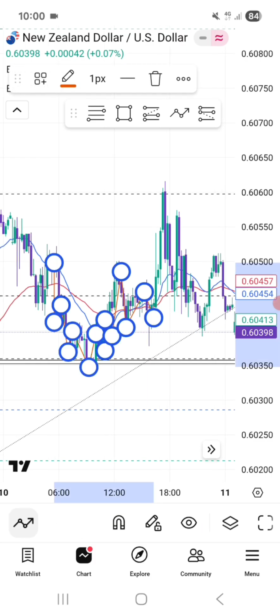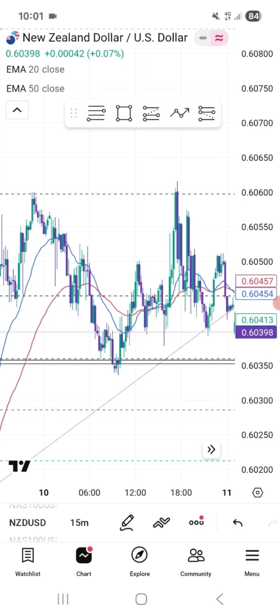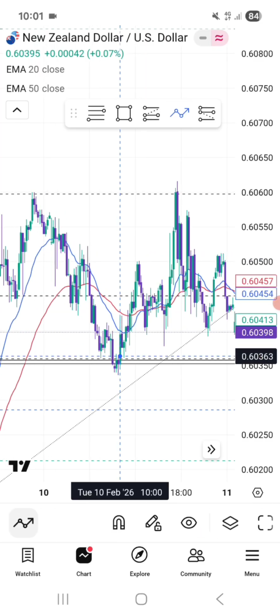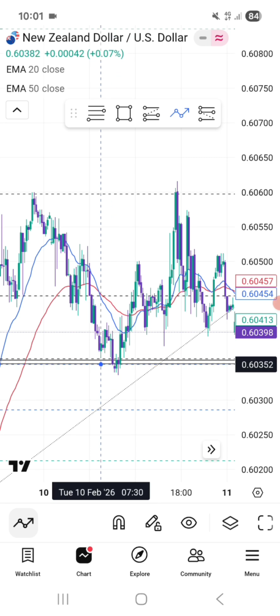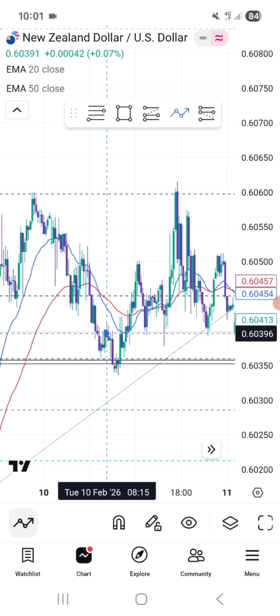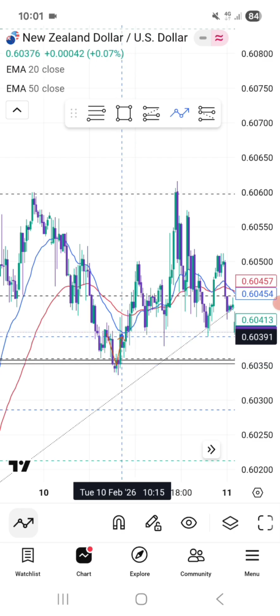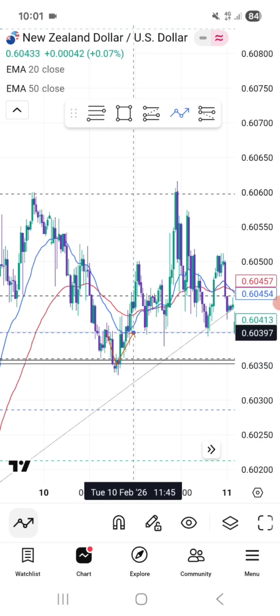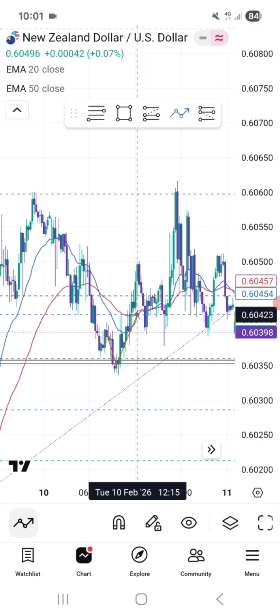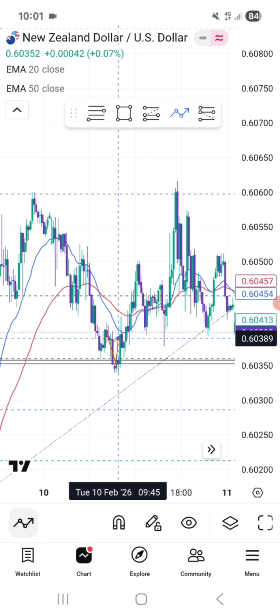So we can buy from any of the 15-minute time frames. Yes, for example, we just don't buy from the levels. Yes, we wait for some kind of market structure shift, so we can buy around here. So these are opportunities for buys.